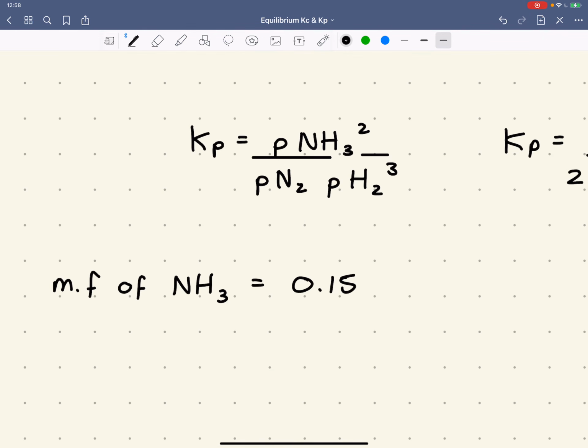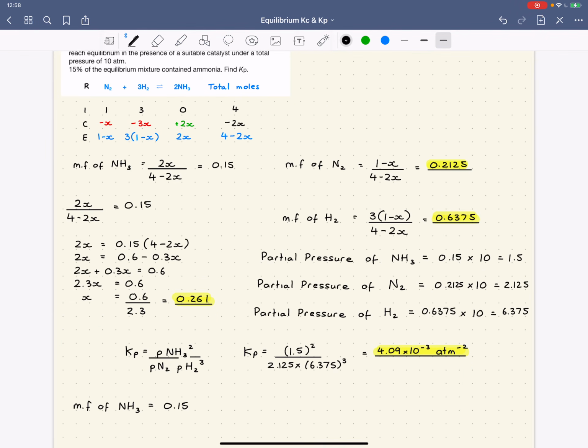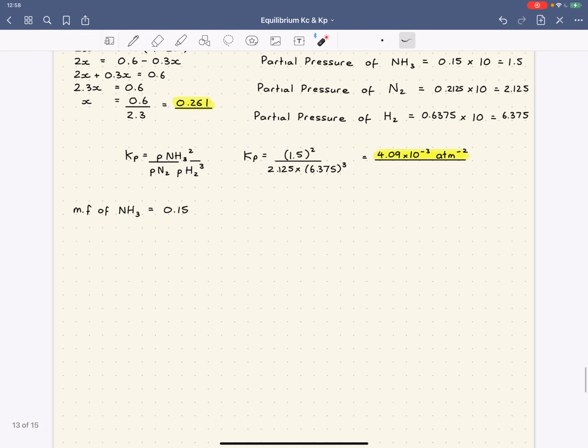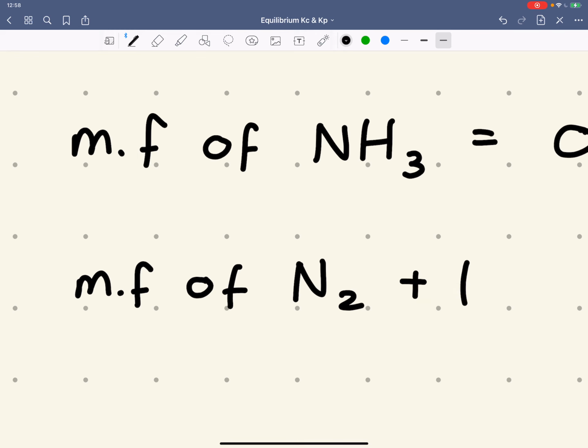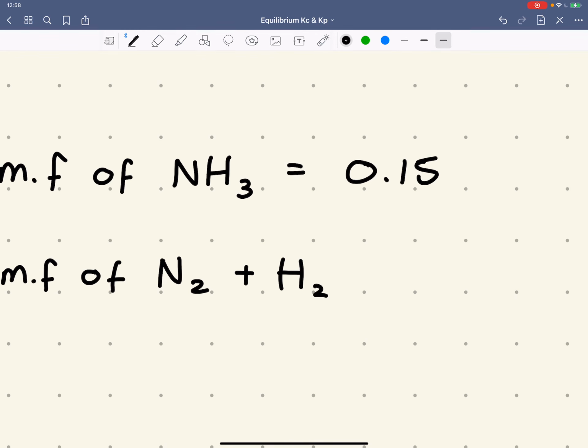You also know, based on this ratio here, that the number of moles of hydrogen is always going to be 3 times that of nitrogen, always. So you know then that the mole fraction of nitrogen plus hydrogen has to equal 0.85, and that the mole fraction of hydrogen has to be 3 times the mole fraction of nitrogen.